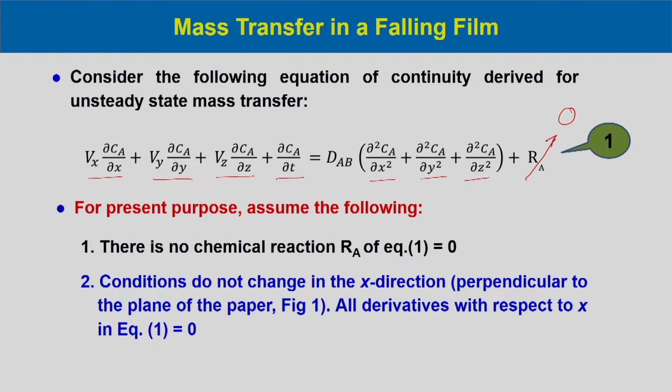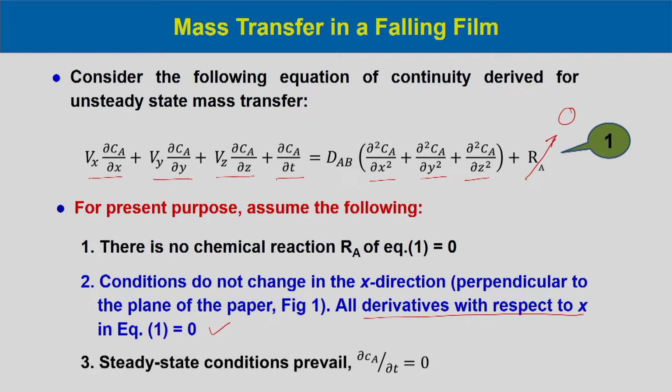So, all derivatives with respect to x in equation 1 should be 0. The third assumption is steady state. So, with respect to this assumption, this part would be 0.